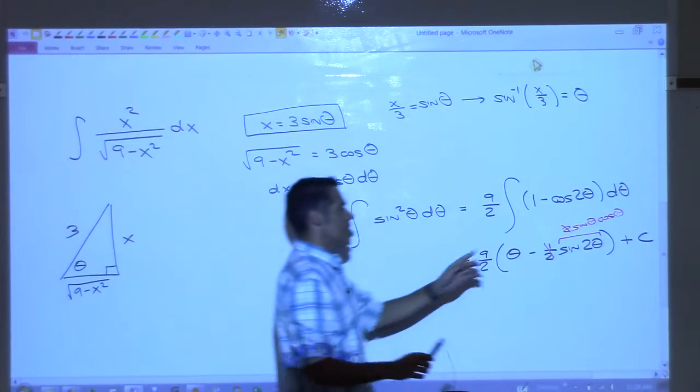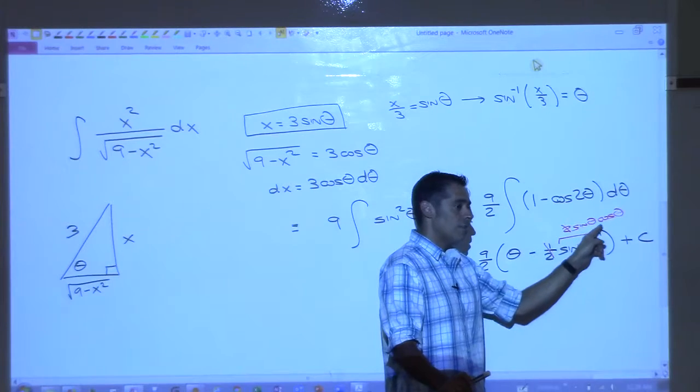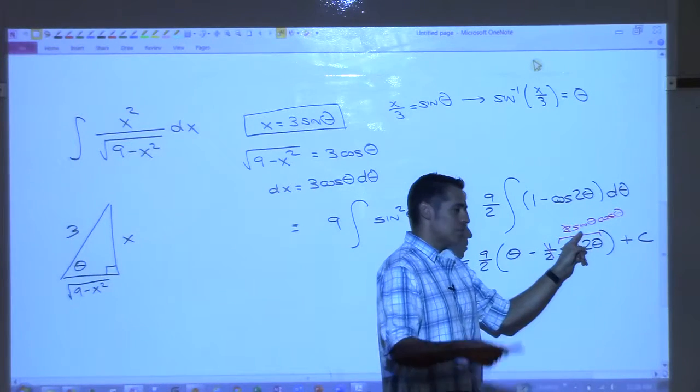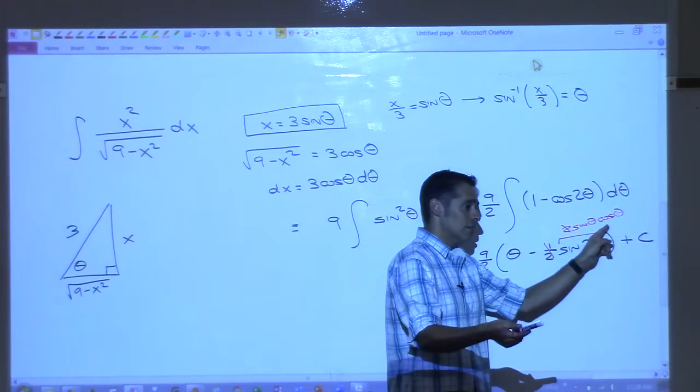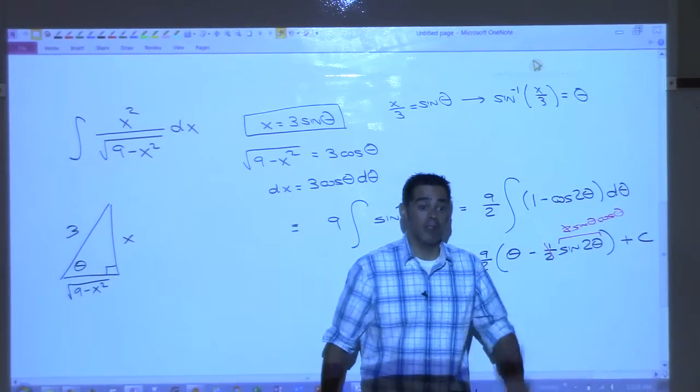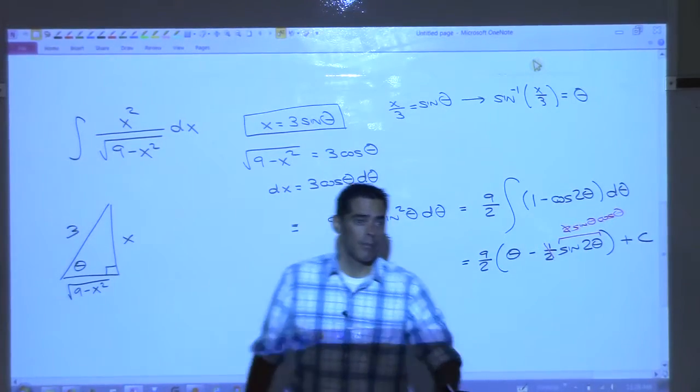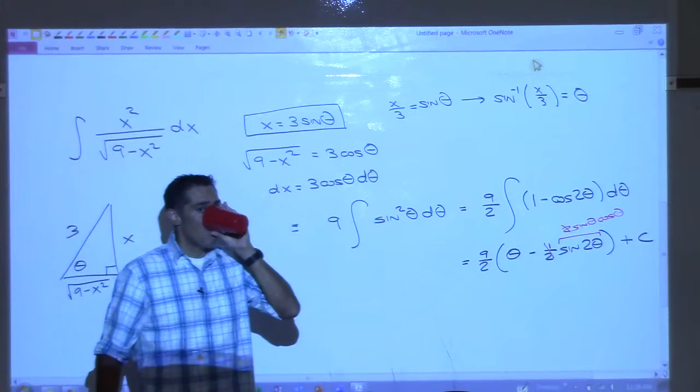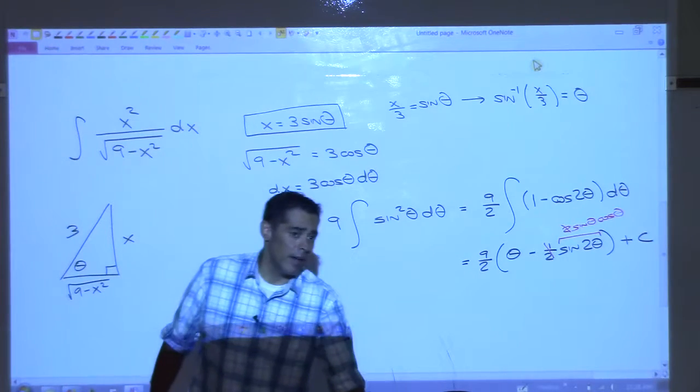Maybe I should have done this step first. That would have told us, oh wait, we need a triangle. I just always draw the triangles. Yes? And the reason we use that identity is because the 2 is inside the sine. That's why we turn. That's right.